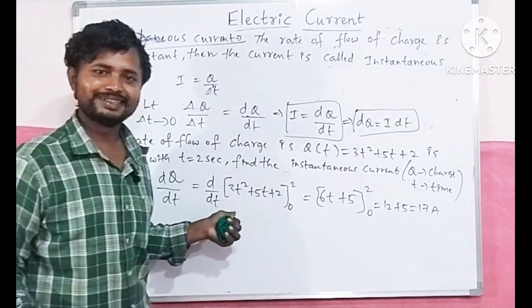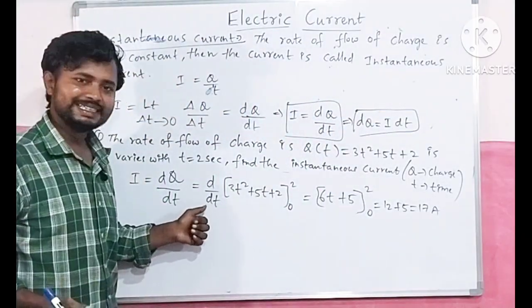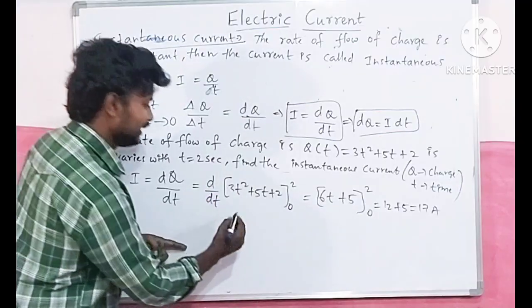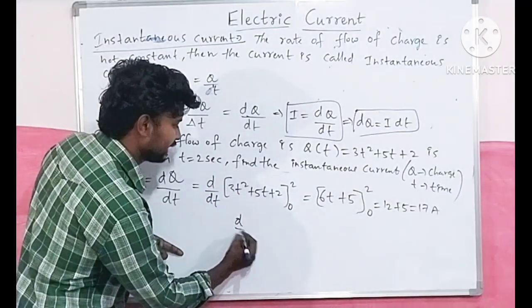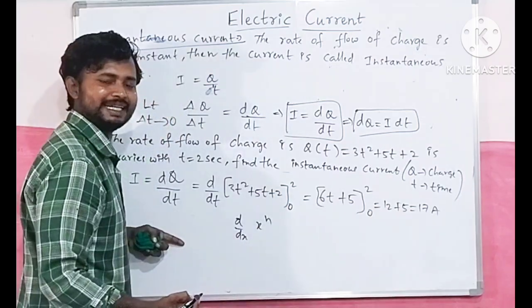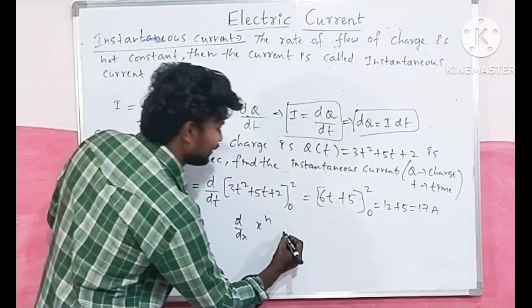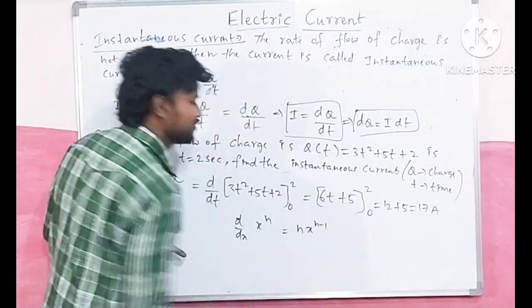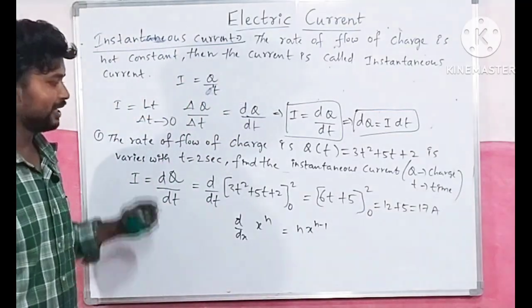So when you differentiate this equation with respect to time, we know that d by dx of x power n equals n into x power n minus 1.